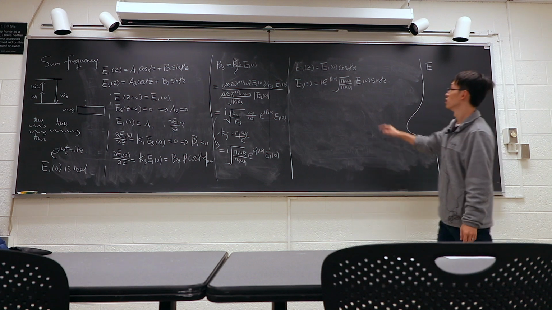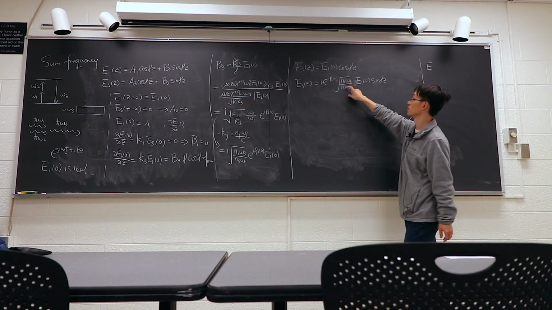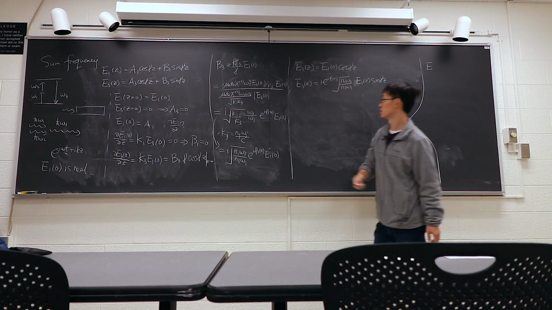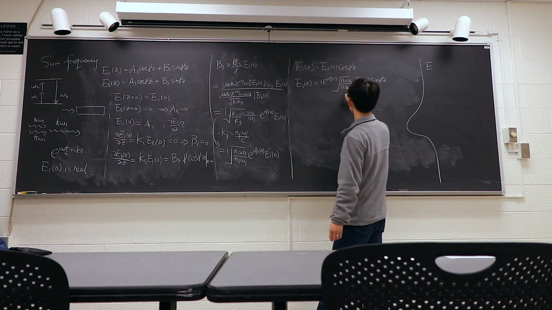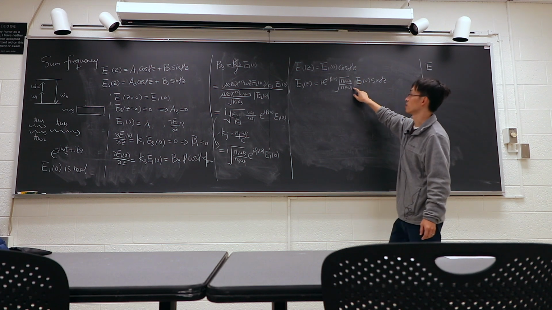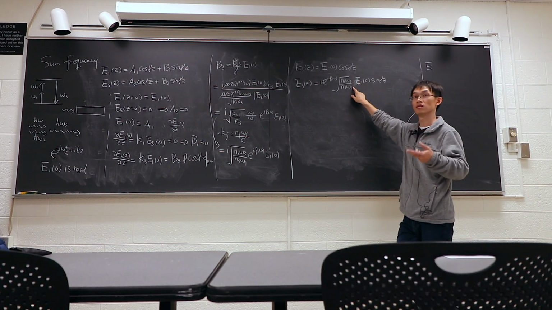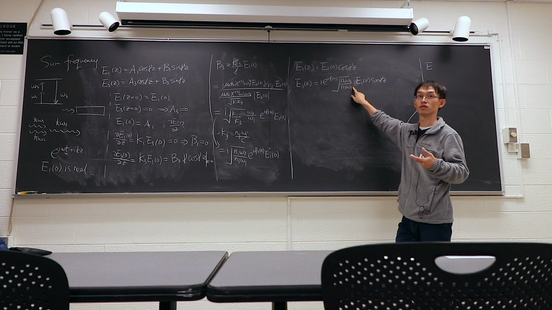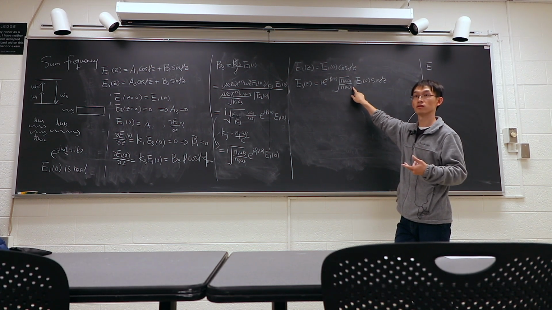And then you can see this term, omega 3 divided by omega 1. It is kind of like the photon energy ratio, right? The energy per photon.